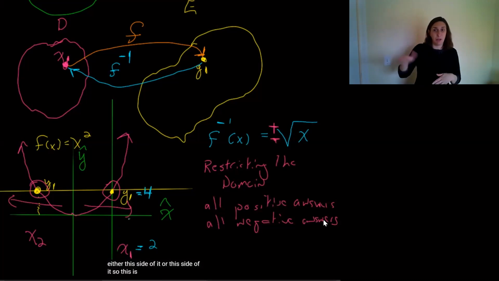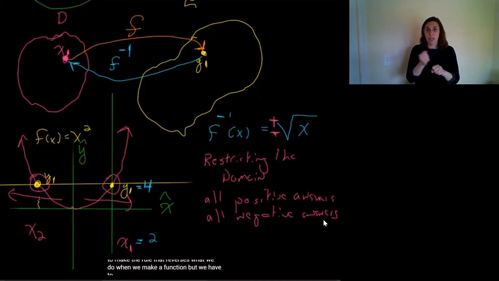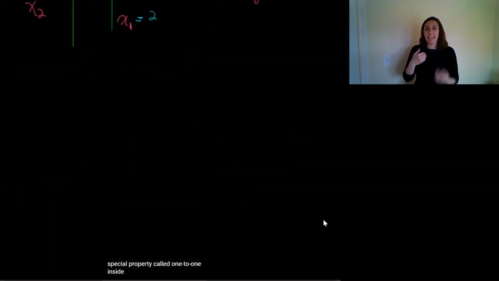So this is where we're going. We want to make the rule that reverses what we do when we make a function. But we have to be aware that we need to have this special property called one-to-one. So I'll define one-to-one. Our functions need to be one-to-one.